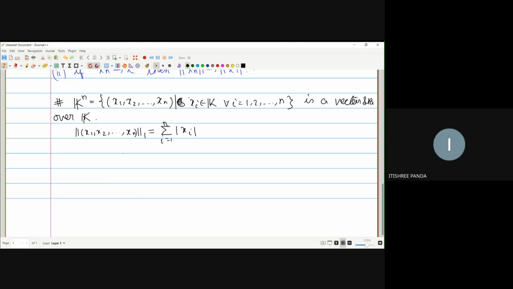Sir, we can use the triangular inequality to prove the second bit. Yes, it is actually an application of the triangular inequality, of course. So we don't have to define a specific norm to prove this.